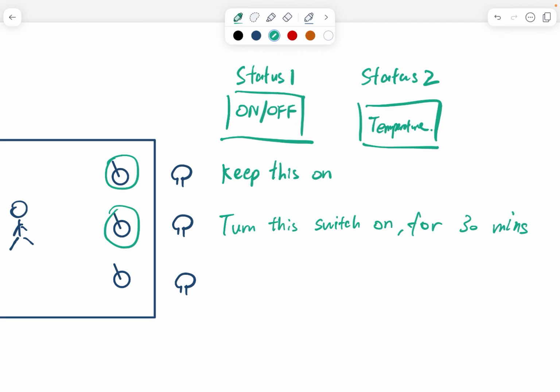And after 30 minutes, you're gonna turn this off. Okay, so this is what you're gonna do for the second switch.